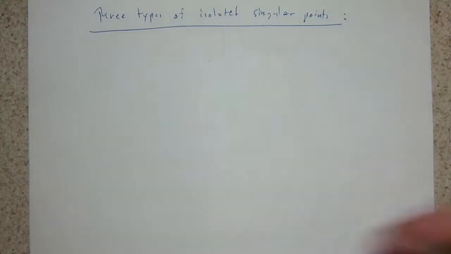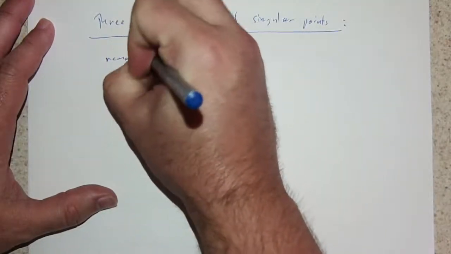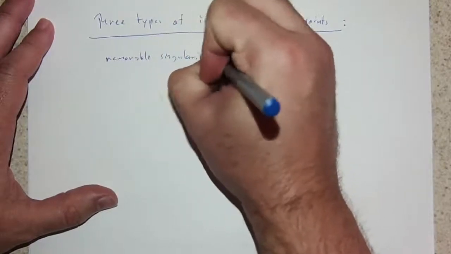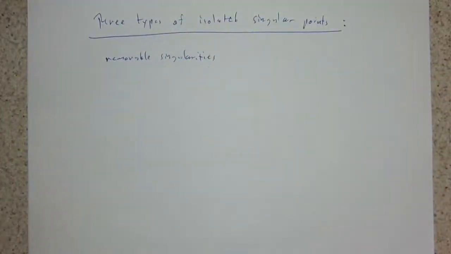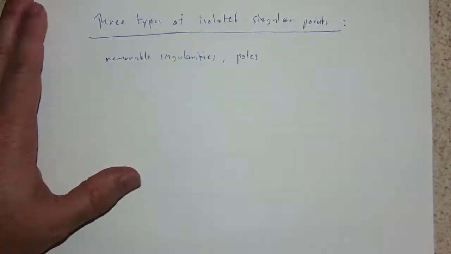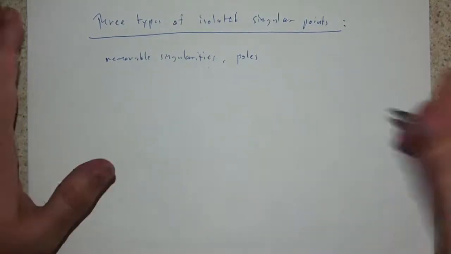I'll go ahead and tell you the names of these. We're going to talk about removable singularities. There's the notion of a removable singularity, which actually relates to things that you've seen all the way back in Calc 1. Poles, that's another type of isolated singular point.